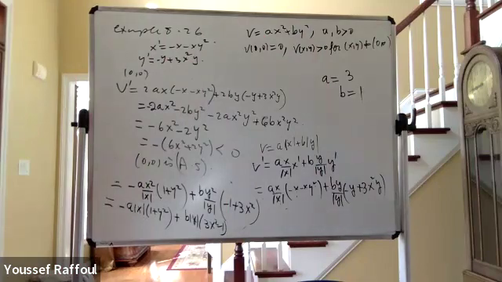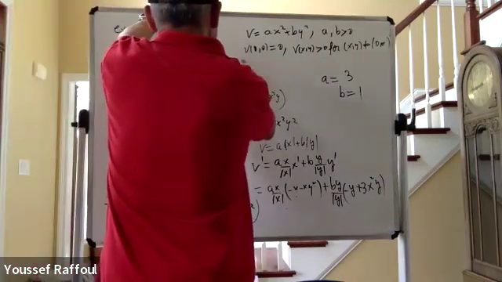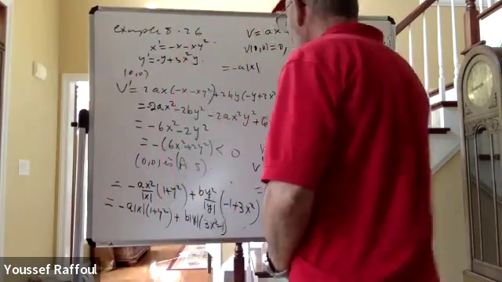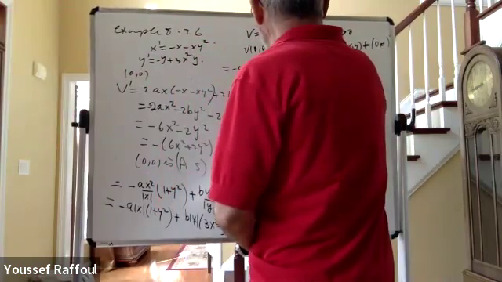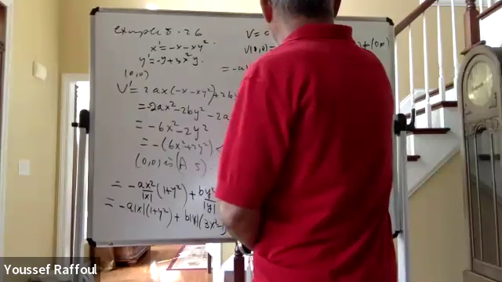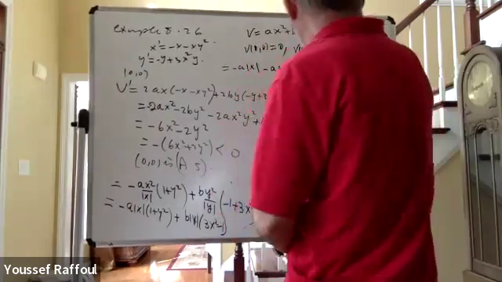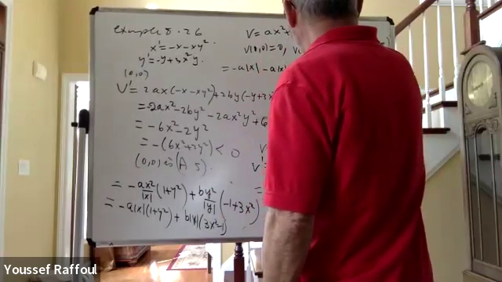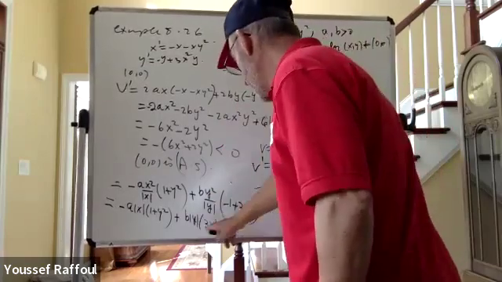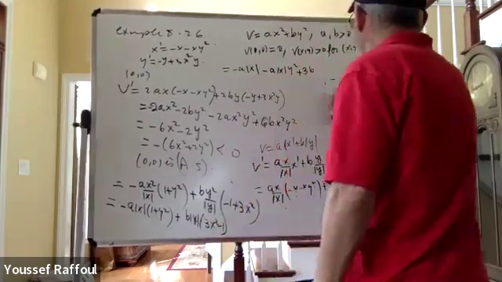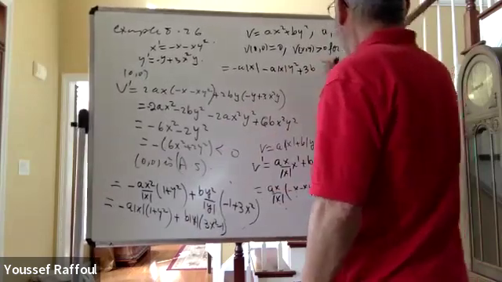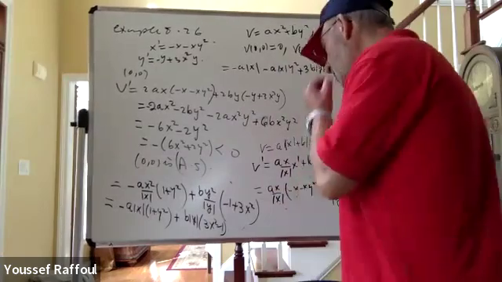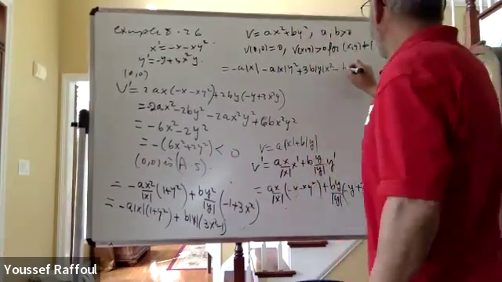We need, so I am in a good shape. This is minus a x and minus a x y squared plus 3b y x squared minus b y.